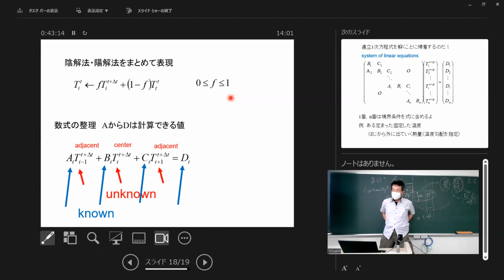But if f is 0.01 or 0.0001, then it is implicit. And if f equals 1, we call this full implicit method. So if f equals 1, then we use only the future data for the present situation.